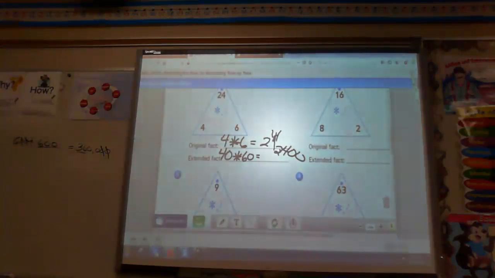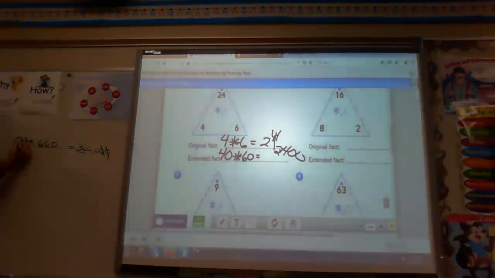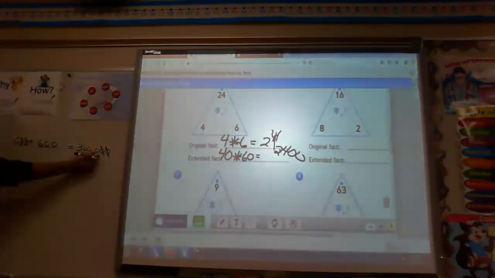You guys see how that works now? Hey, look, Elizabeth. This zero is this zero. I crossed it out. This zero is this zero. I crossed it out. Then these 2 zeros are going to go here.